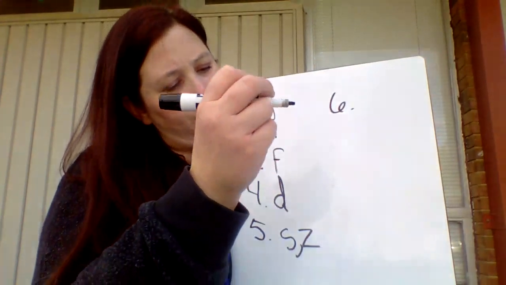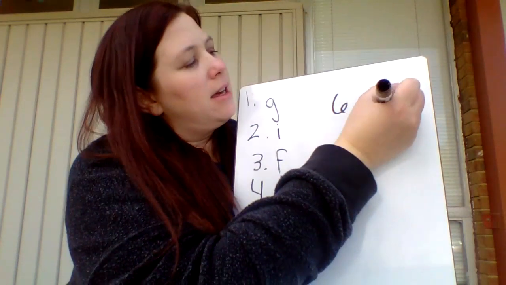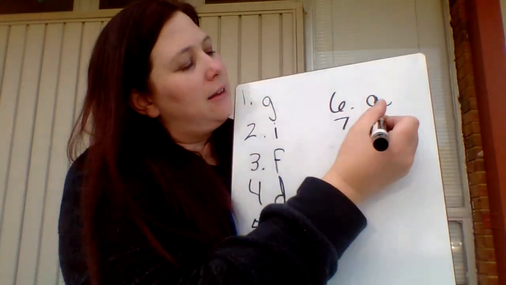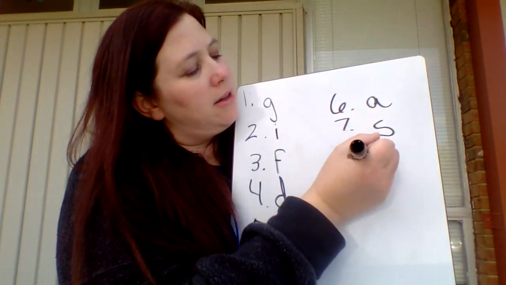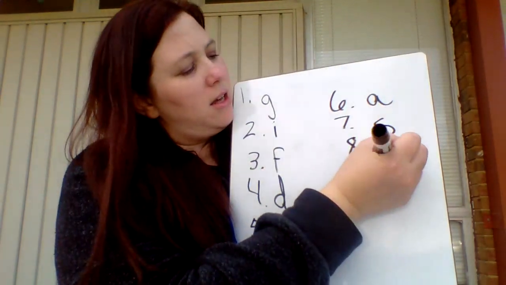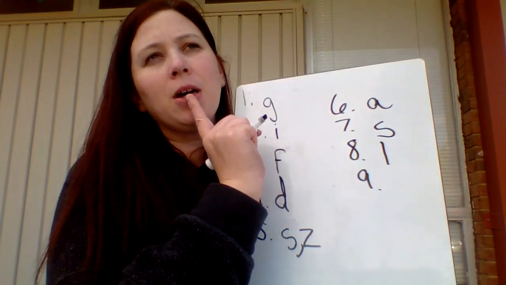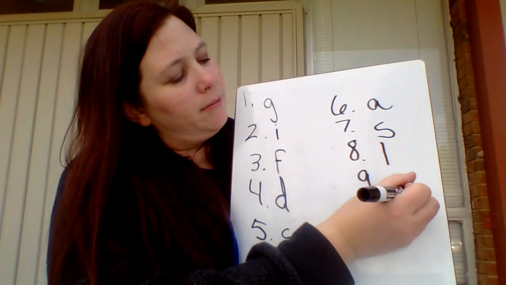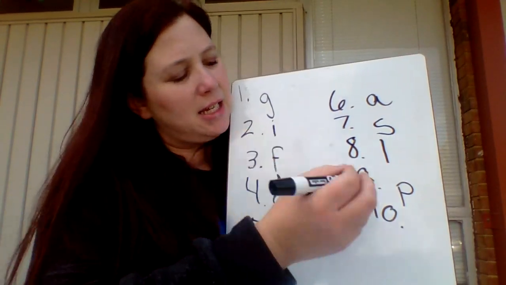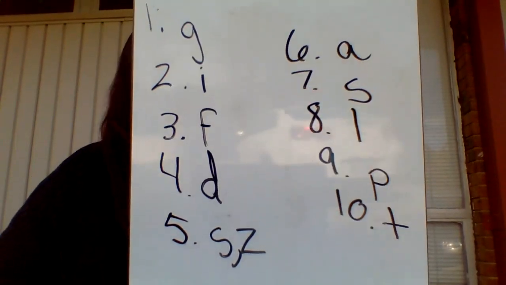Number 6 is A. A. Number 7 is S. That's just S. Number 8 we have O. O. Number 9 is L. And number 10 is P. T. Here they are if you want to pause and make sure you have those written down.